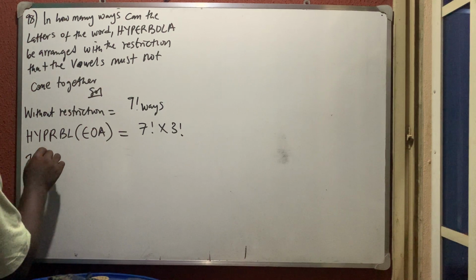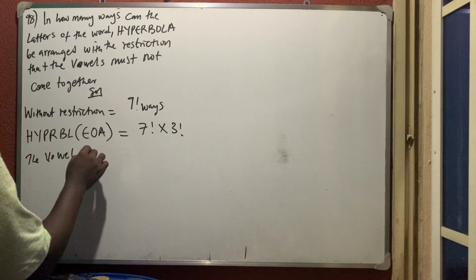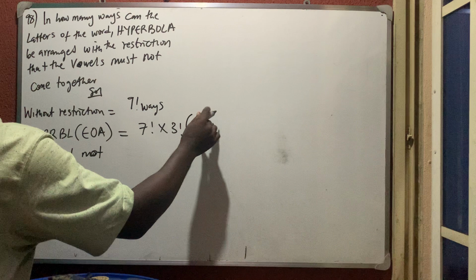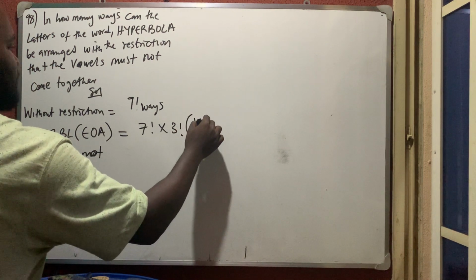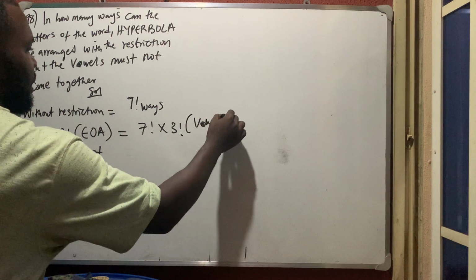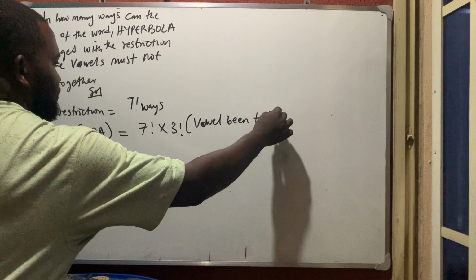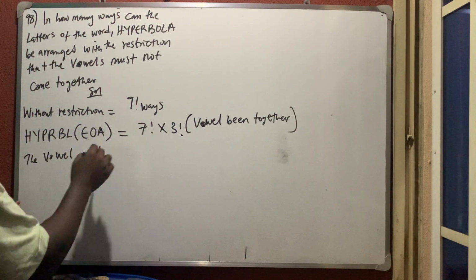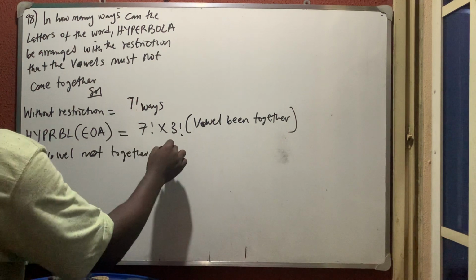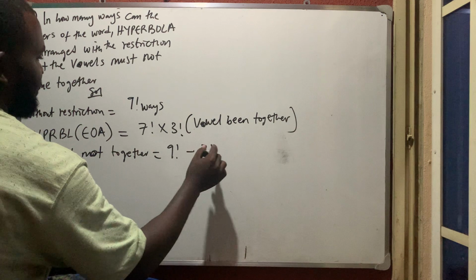So the vowels not together is now equal to without restriction, which is 9 factorial, minus 7 factorial times 3 factorial.